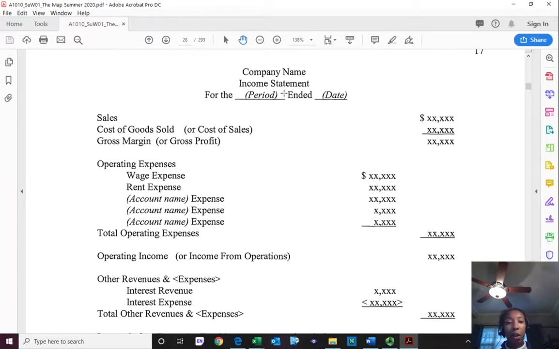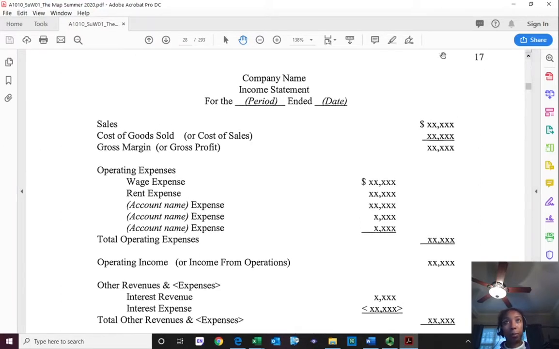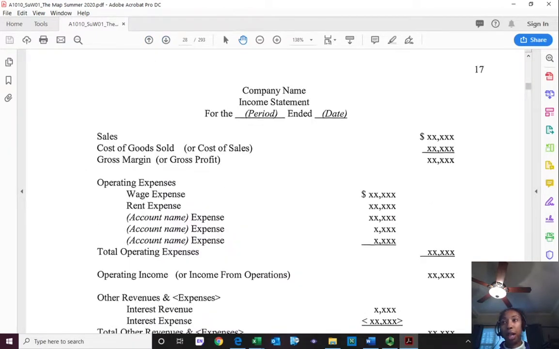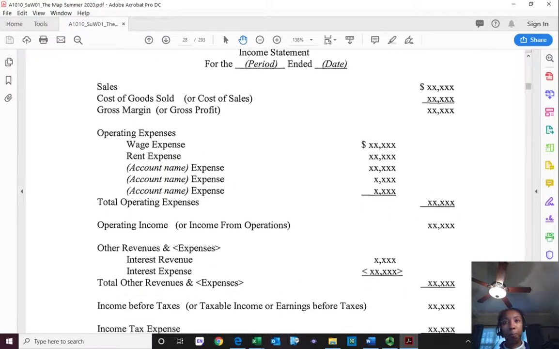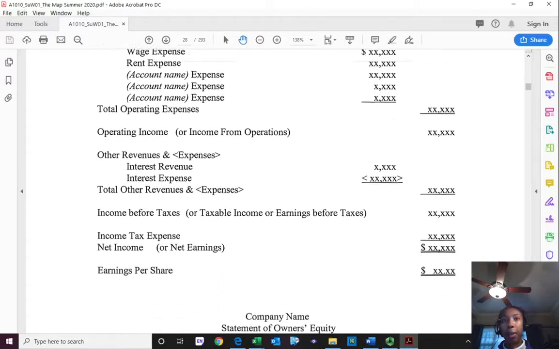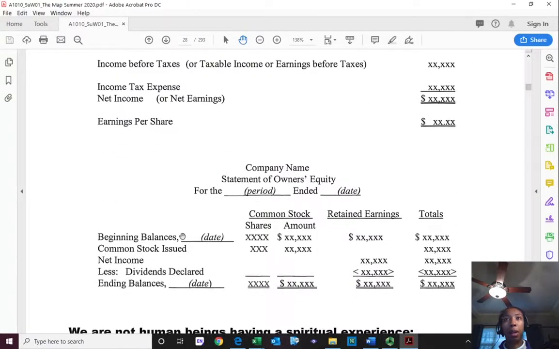And so I tell individuals when they first start writing statements, get out the income statement, the balance sheet, the statement of owner's equity templates that are on pages 16. So the page before this page, and at the bottom of this income statement, there's a statement of owner's equity.